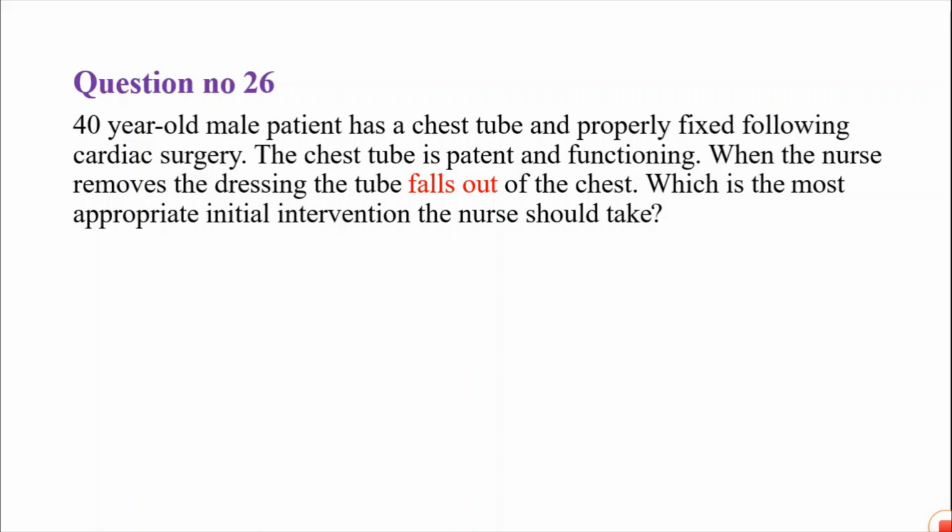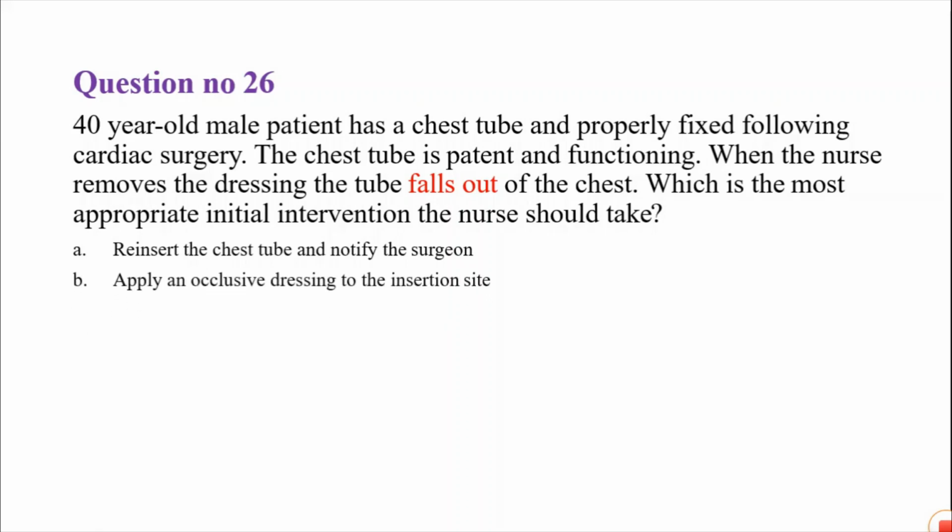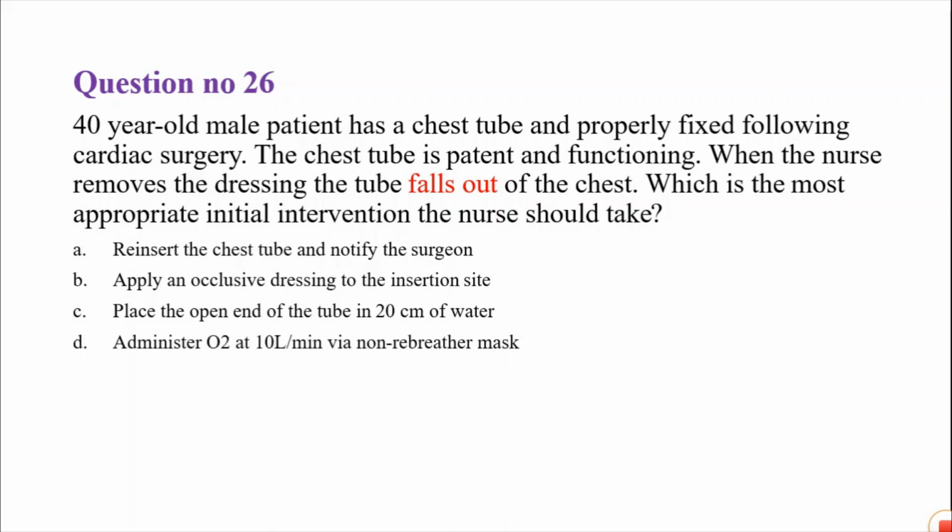The options are: number A, reinsert the chest tube and notify the surgeon. Number B, apply an occlusive dressing to the insertion site. Number C, place the open end of the tube in 200 cc of water. Number D, administer oxygen at 10 liters per minute via non-rebreathing mask.